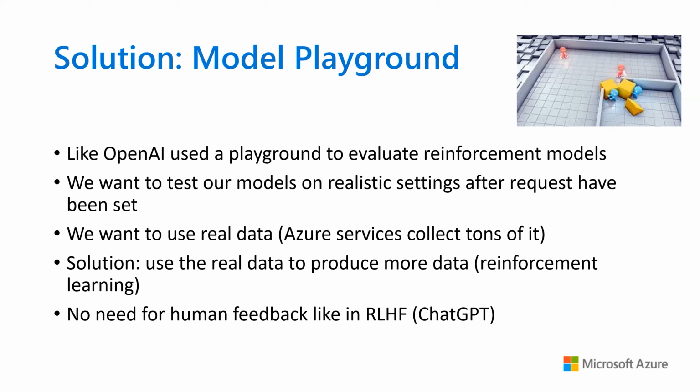At that time, ChatGPT was not so widely associated with OpenAI, and OpenAI was associated with the Playground. And just like the Playground, we wanted to test our models on realistic settings, after our requests are already set. And we wanted to use the real data that we have because we have tons of real data.